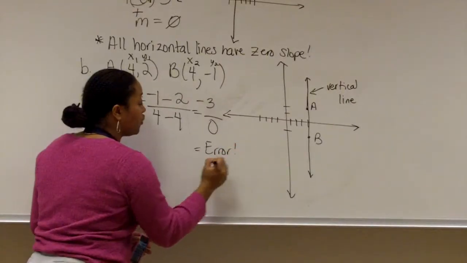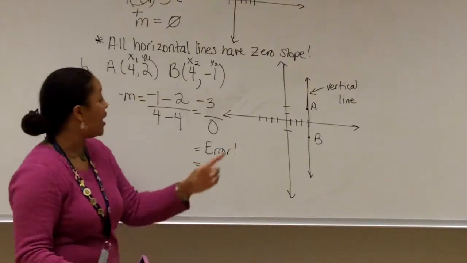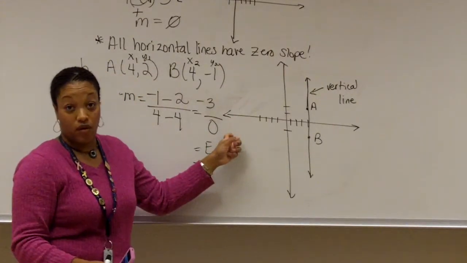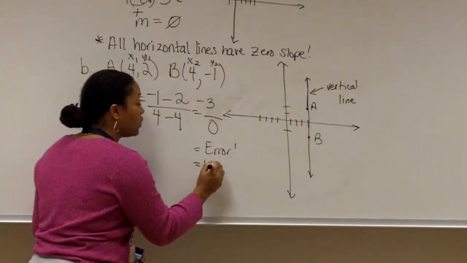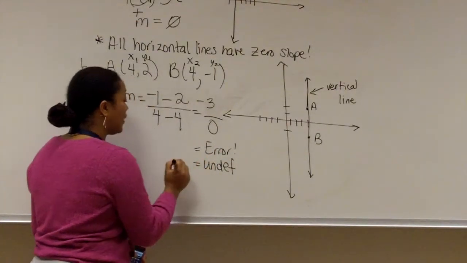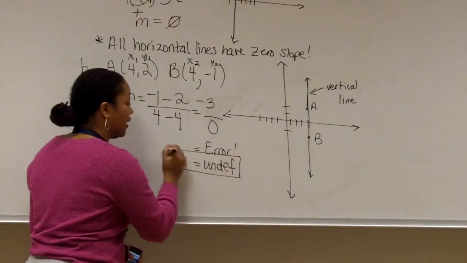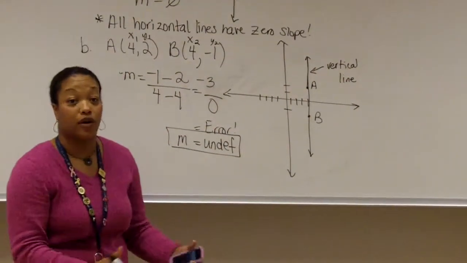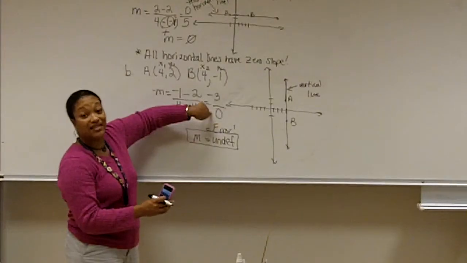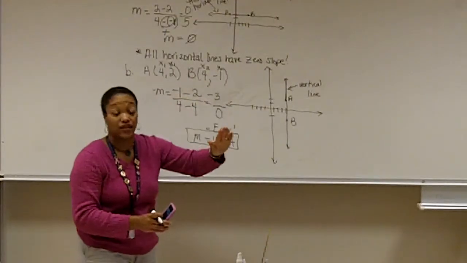What that means is your calculator is trying to tell you that we can't divide by 0, which means when we're talking about slope, that slope is undefined. We can't give it a number because we don't divide by 0. That's just a rule. We cannot do that.